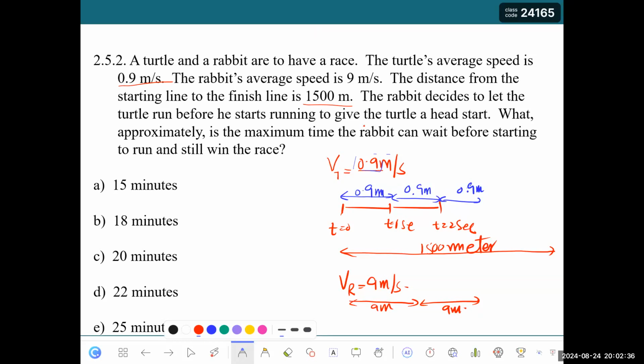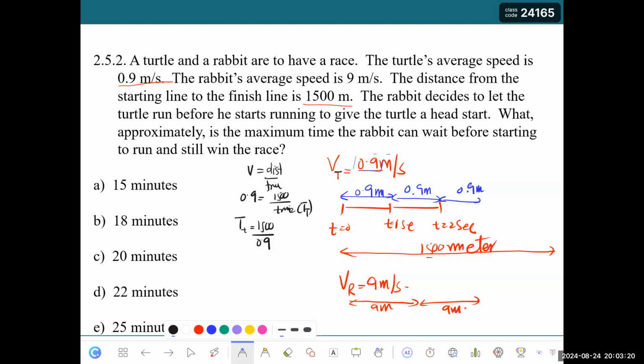So what we need to do is find the time the turtle takes to complete this 1500 meters. Velocity equals displacement over time. The turtle velocity is 0.9, the distance is given as 1500, and the time we don't know. I'm going to call it T_T, the time taken by the turtle to complete this 1500 meters. So T equals 1500 divided by 0.9.